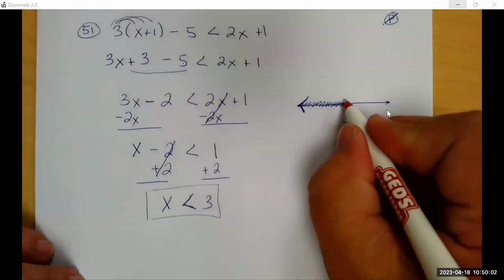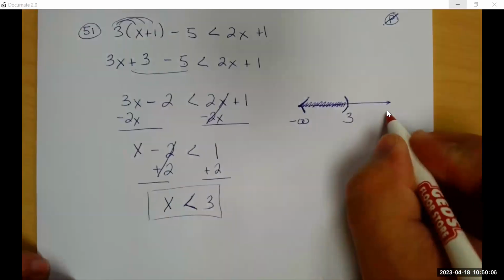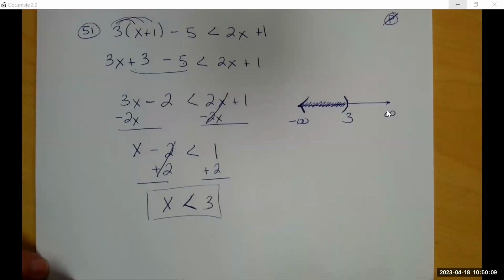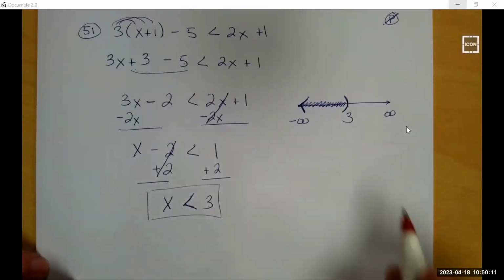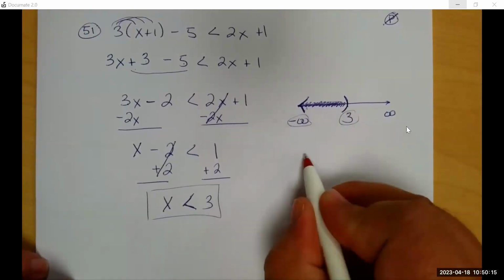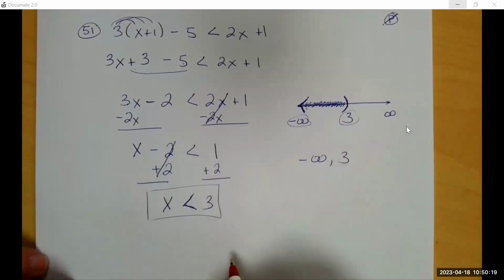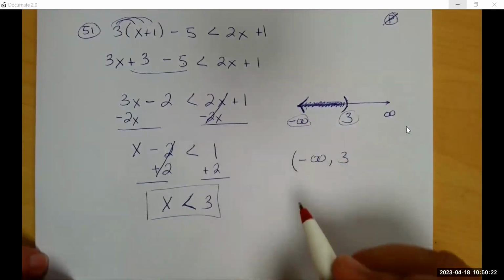There's no equal sign, so it's a parenthesis. Since here's my shaded area, I look at the beginning and the end numbers. I can never use infinity.